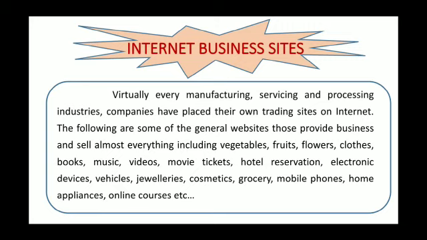They provide business and sell almost everything, including vegetables, fruits, flowers, clothes, books, music, videos, movie tickets, hotel reservation, electronic devices, vehicles, jewelries, cosmetics, grocery, mobile phones, home appliances, online courses, etc. Everything you will get through internet business sites nowadays.